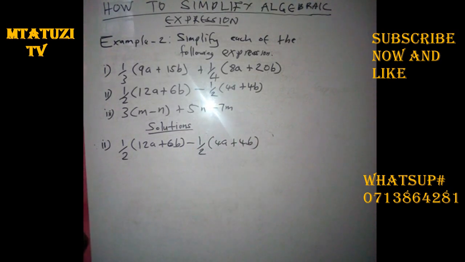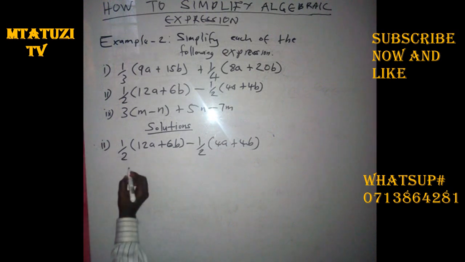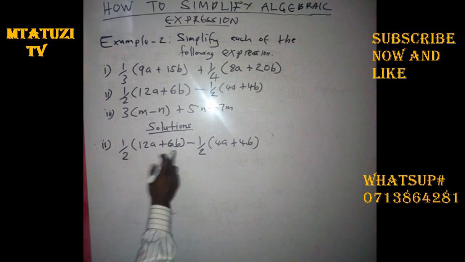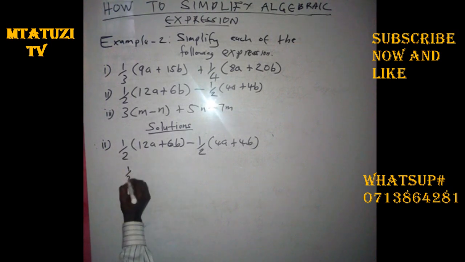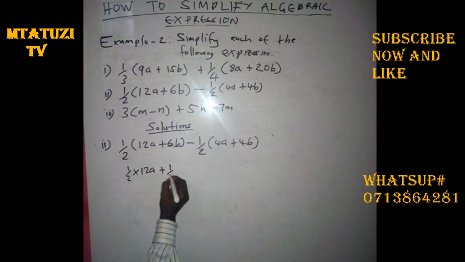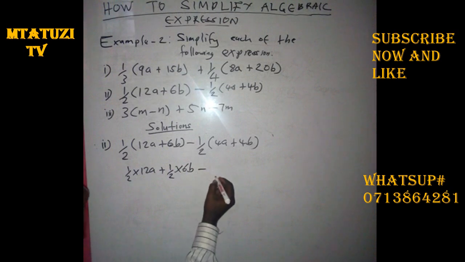In order to do this, we do as we did in question number 1. So we open the bracket by multiplying this half into each term.